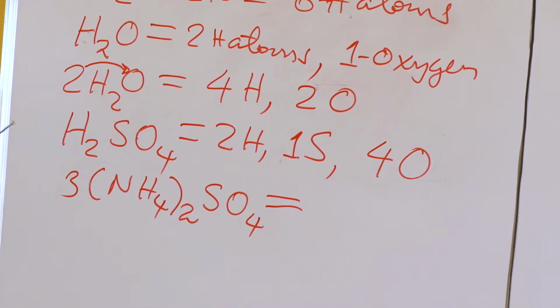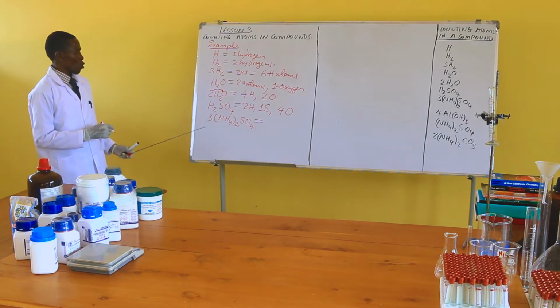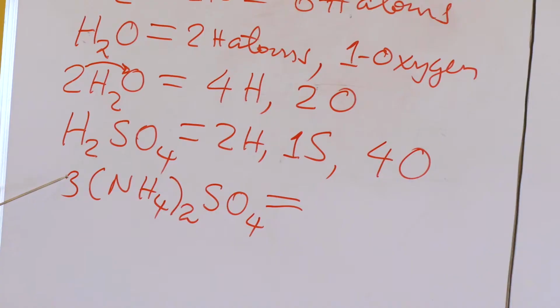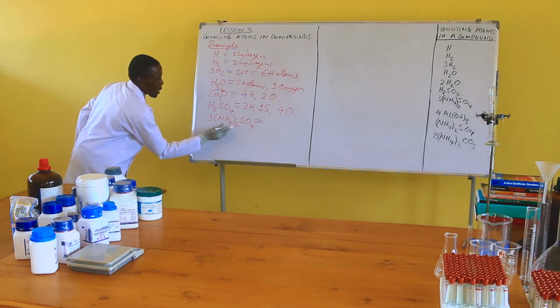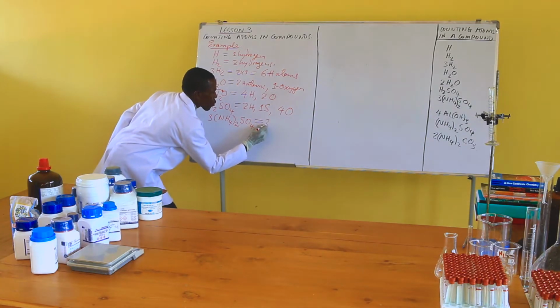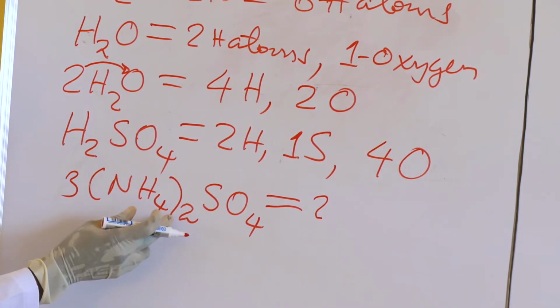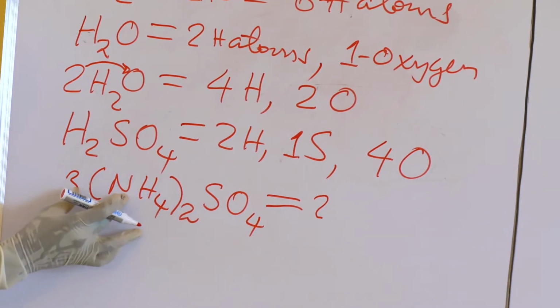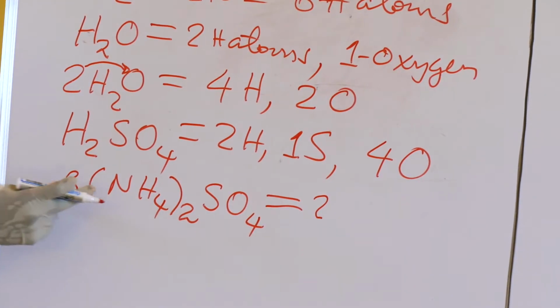Now see, we start. We have seen that nitrogen is having a number outside the bracket. So this counts 2 nitrogen atoms. But also outside the bracket before nitrogen there is 3. Because this 3 counts all atoms in front of it, but also this 2 counts all atoms inside the bracket.